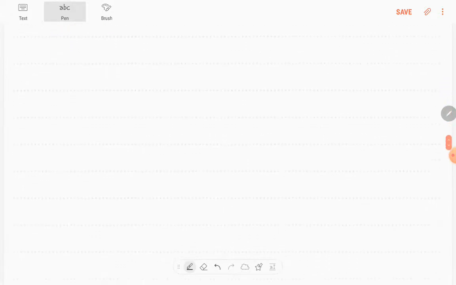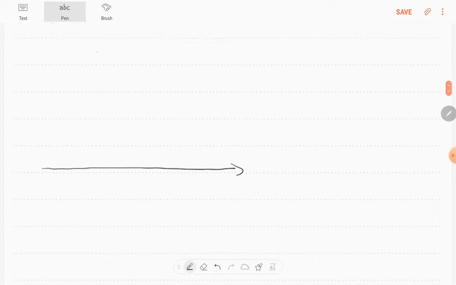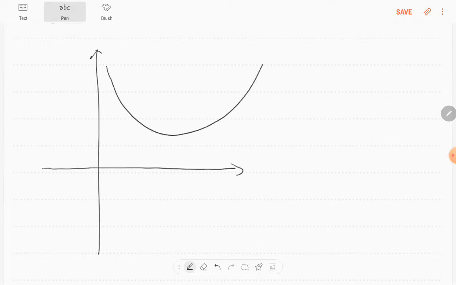So how to find the slope for the tangent line? Let's look at the following. We have a curve, an arbitrary curve, y equals f of x.